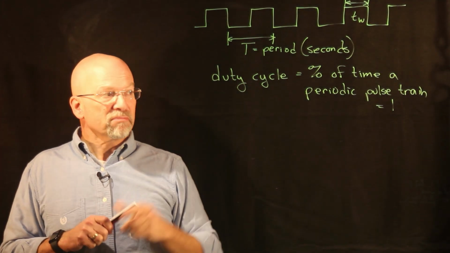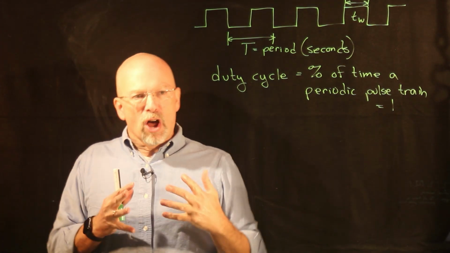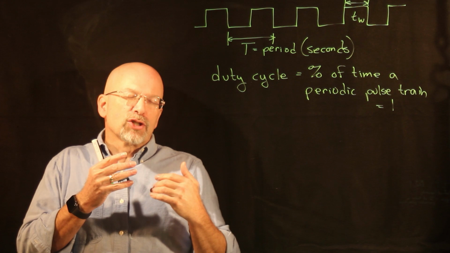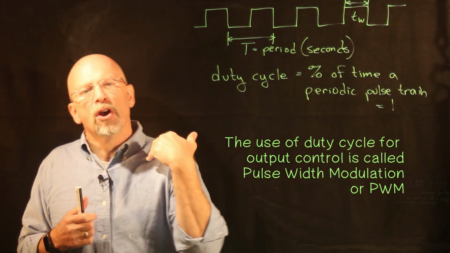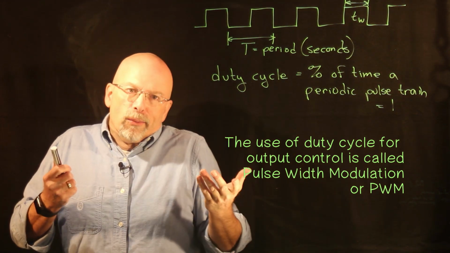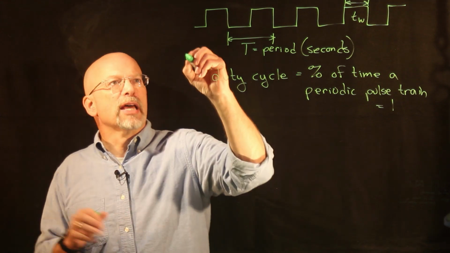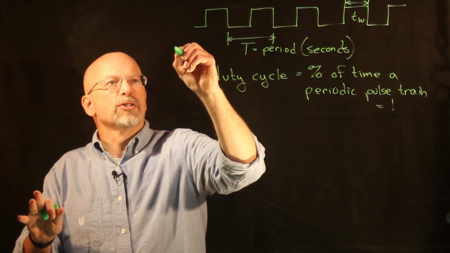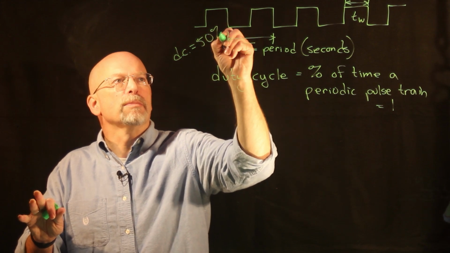Engineers often look at this as what percentage of the total possible power we are sending to the output. Here we're a logic 1 50% of the time, so we're sending about 50% of the power. We would say the duty cycle is 50%.